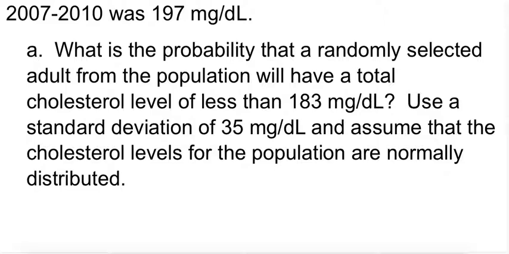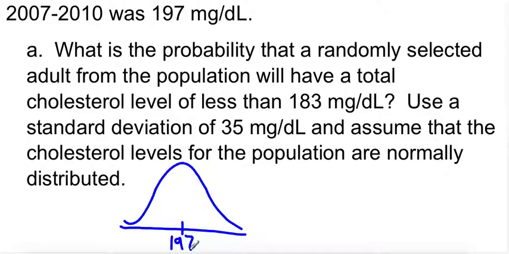Now, we're looking at a normal distribution. We know that the mean is 197, and we are looking at a randomly selected adult. This is an individual, just one person. So this is the stuff we did back in chapter 6. We want to know the probability that a randomly selected person is going to have a cholesterol of 183 or less.